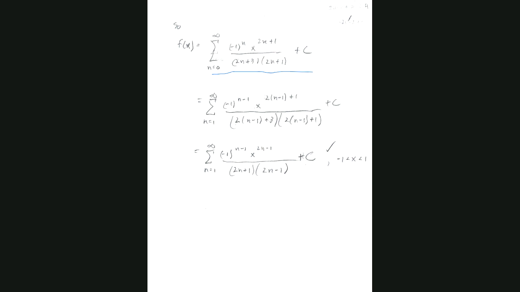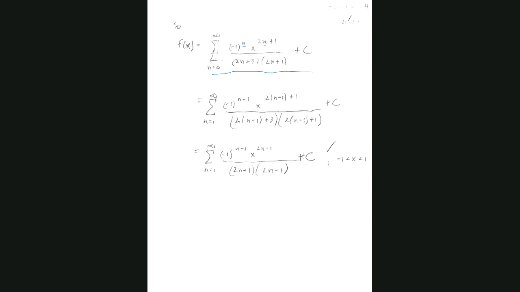So what you have to do then is rewrite this series starting at n equals 1. If you do that, then you have to deduct 1 from n. Because, take -1 to the nth power.